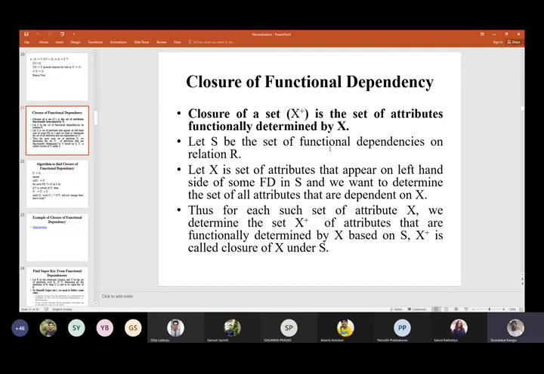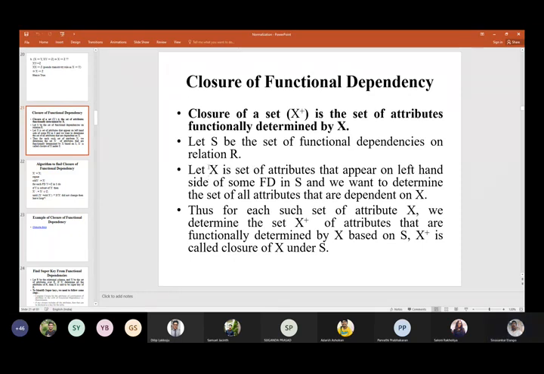What I mean is, given the roll number, you will be able to determine the name of the student. Roll number can also be used to determine the department of the student, right? So given a particular attribute, it is possible to find all the attributes that are functionally determined by that attribute. It's known as closure.